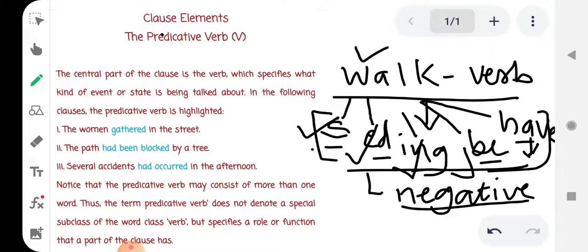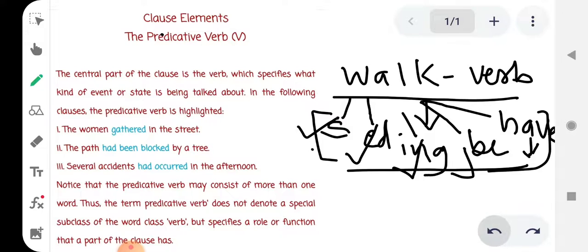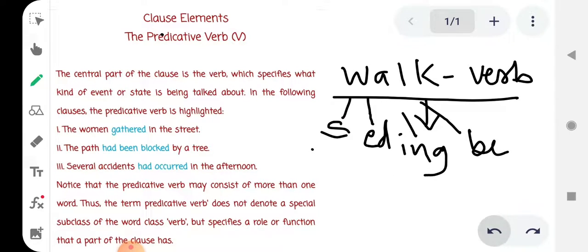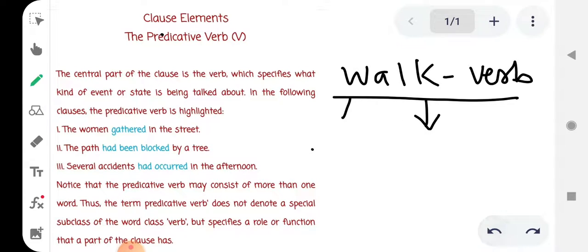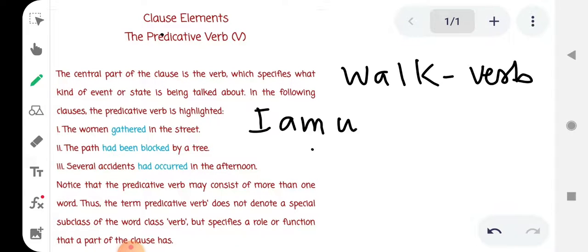But when we use this in a sentence, at that time it doesn't occur only as one single word verb as walk. It is accompanied by many other attachments. For example, I am walking.